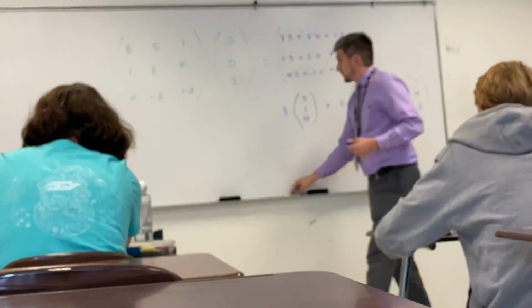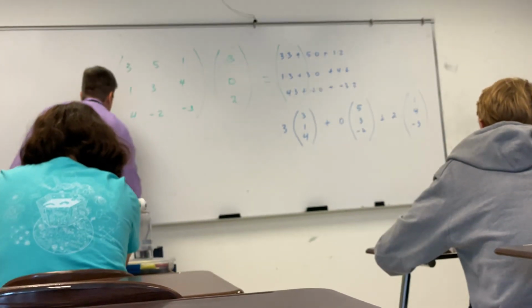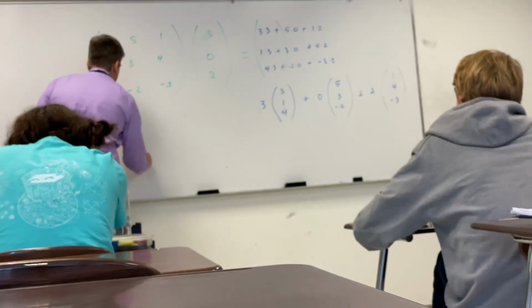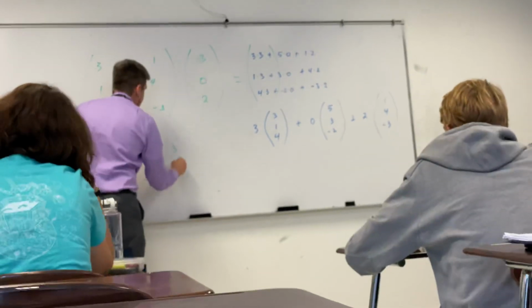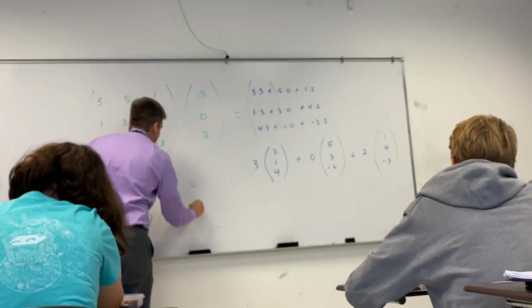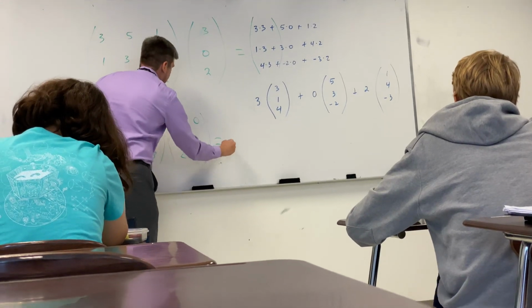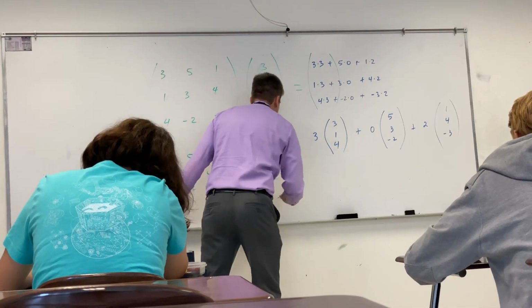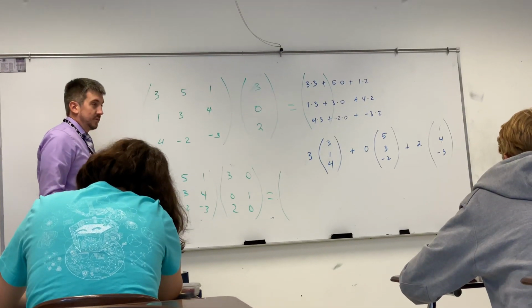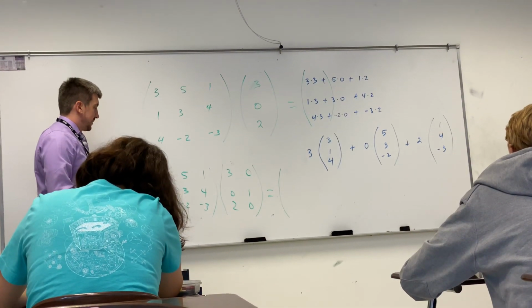So can you just keep doing it? Because if I did 3, 1, 4, 5, 3, negative 2, 1, 4, negative 3, multiply this by 3, 0, 2, 0, 1, 0, okay? In the first column of the answer, what's going to go there?